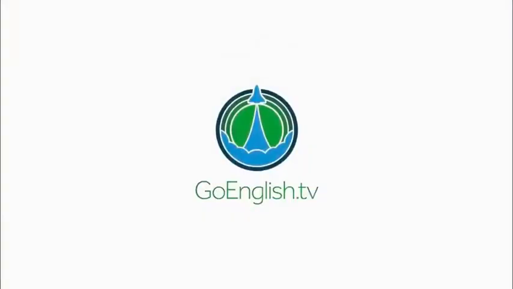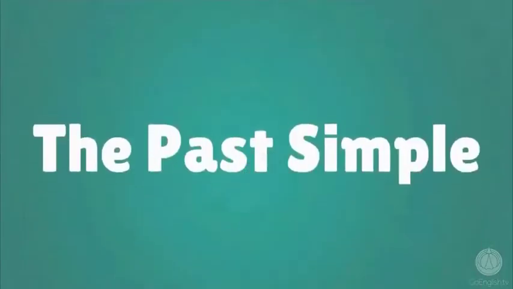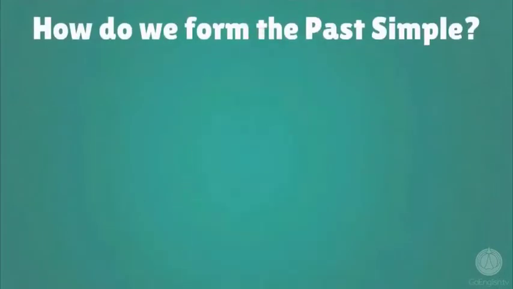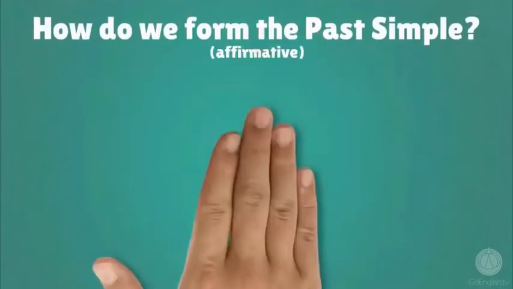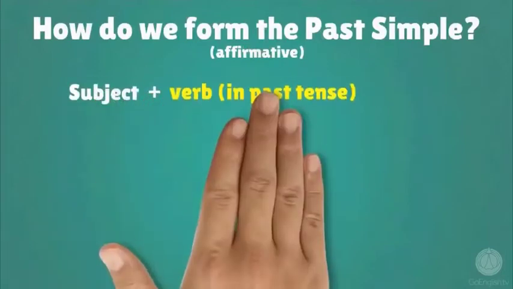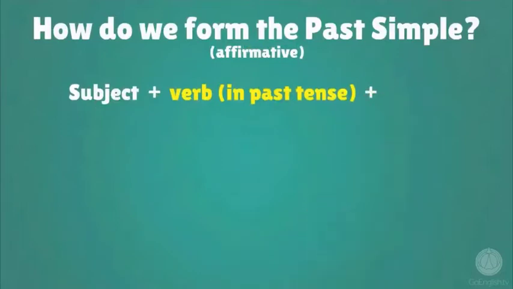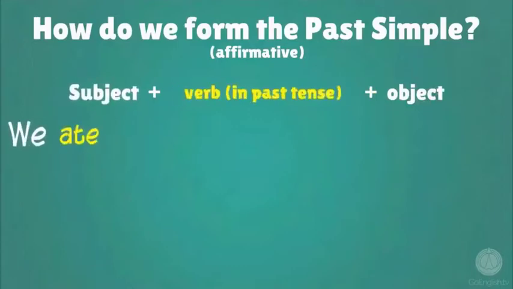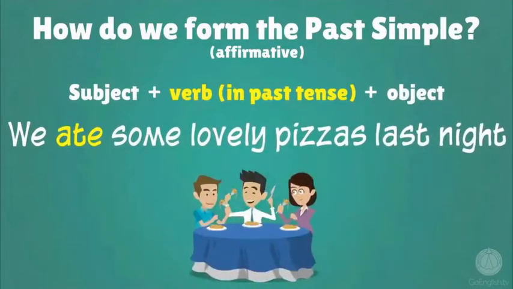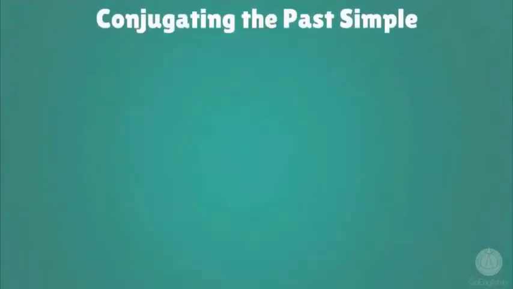GoEnglish.tv. The past simple. How do we form the past simple? Affirmative. Subject plus verb in past tense plus object. We ate some lovely pizzas last night. Conjugating the past simple.